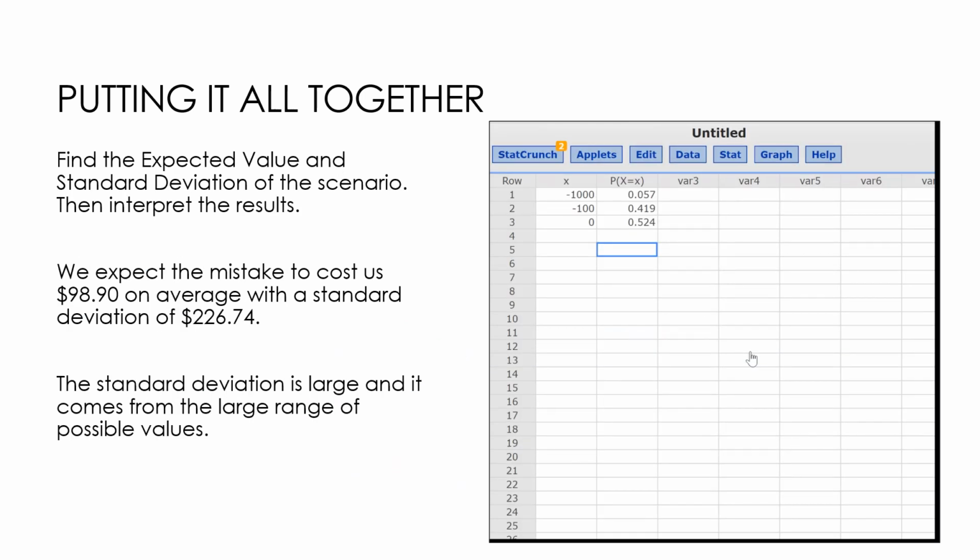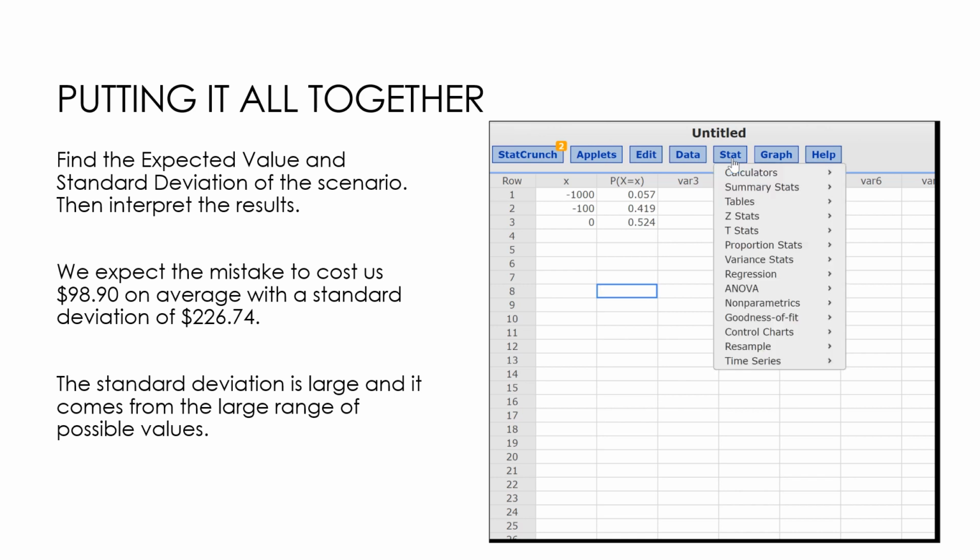Now that I have my probability model, I'm going to use StatCrunch to find the mean, or expected value, and the standard deviation the same way I did before. Notice all I've done here is put my outcomes, negative 1,000, negative 100, and 0, into the X column, and in the probabilities, I've copied the probabilities that I found from my tree.